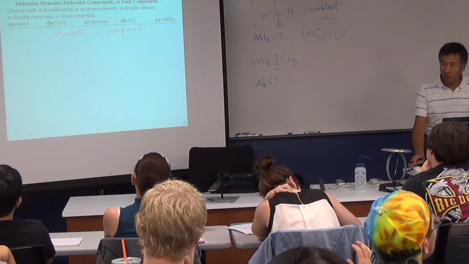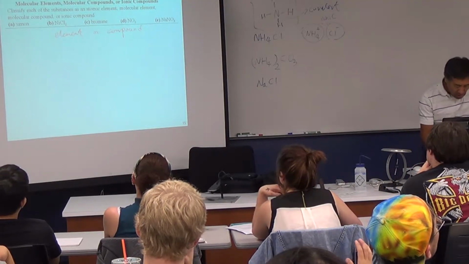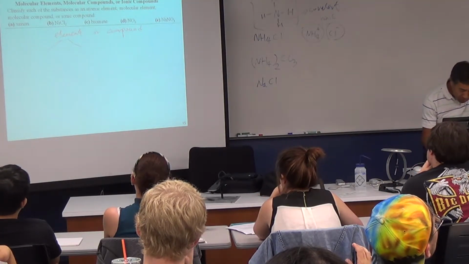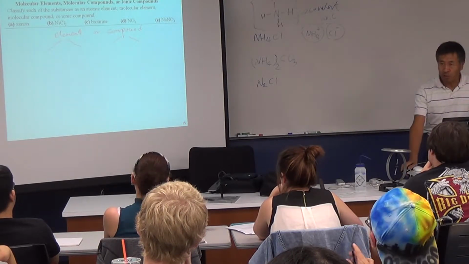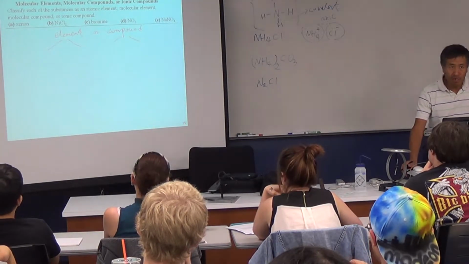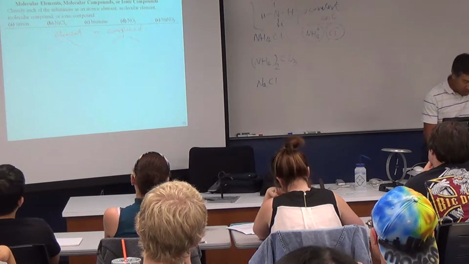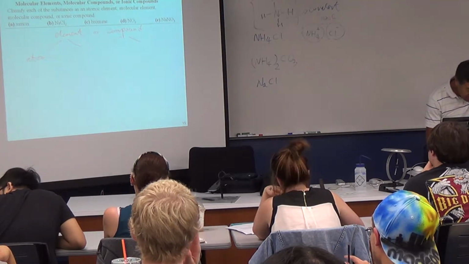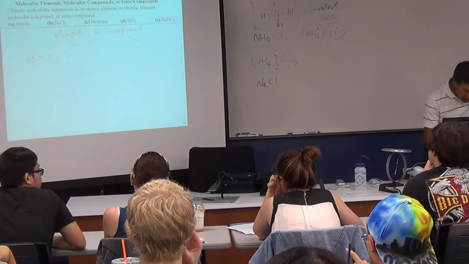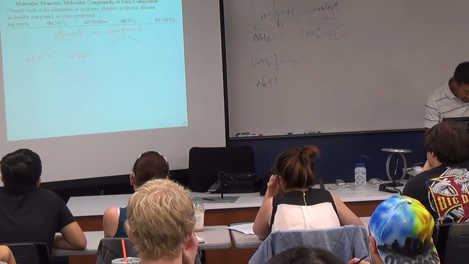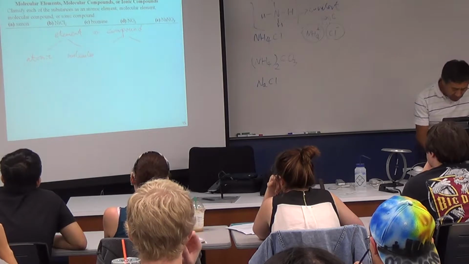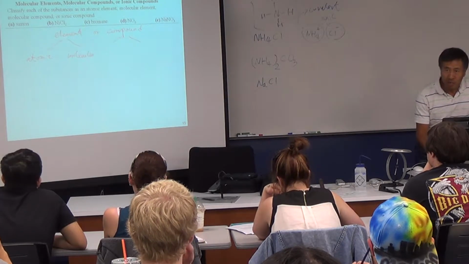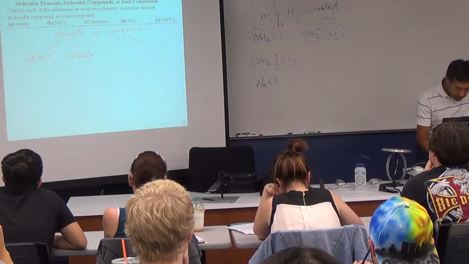Now we have two new details: the element has two smaller groups, and the compound has two smaller groups. One smaller group for the element is what? Atomic, and the other one is molecular. That you studied already. So the compound is similar, right? Compound is what?